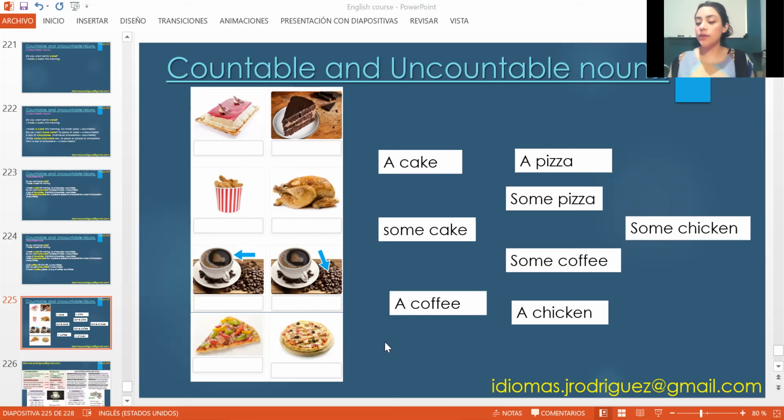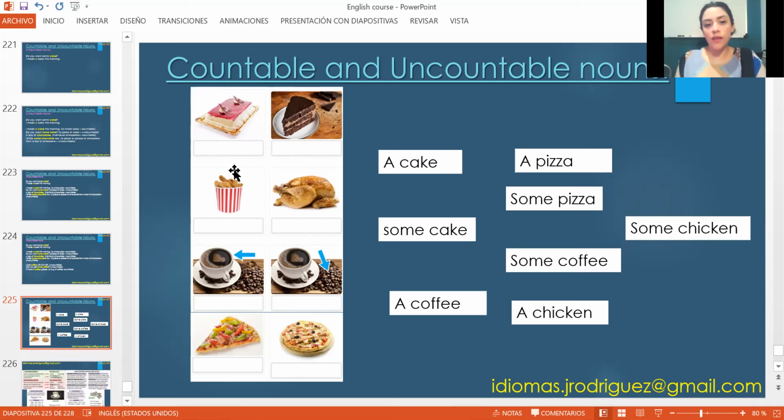Okay, so I'm gonna lend you 5 minutes to try to relate the words to each picture. Okay, lo que vamos a hacer es relacionar cada una de estas palabras con, por ejemplo, aquí, pastel. ¿Este es un pastel, a cake, o es algo de pastel?